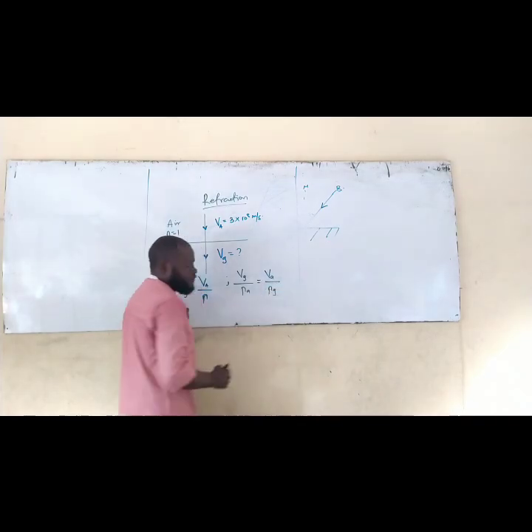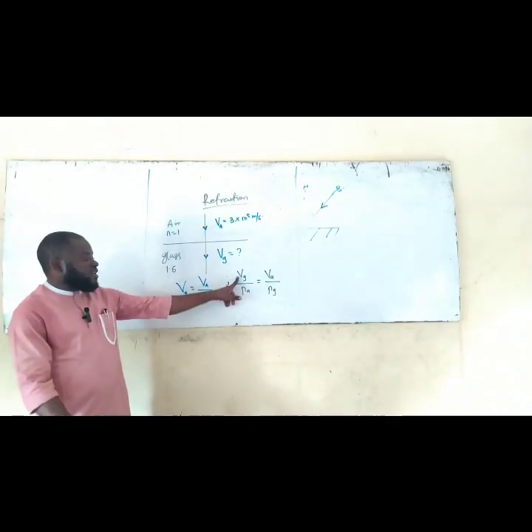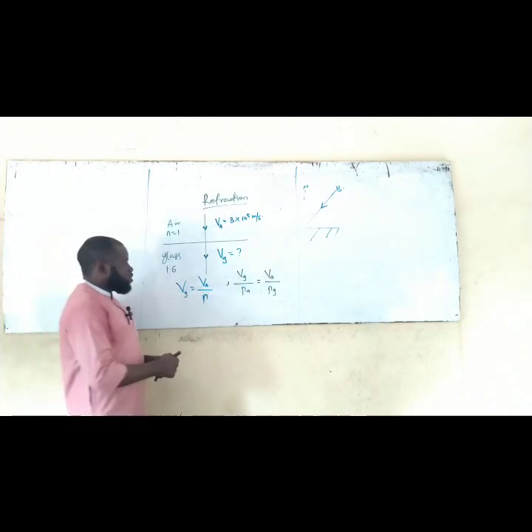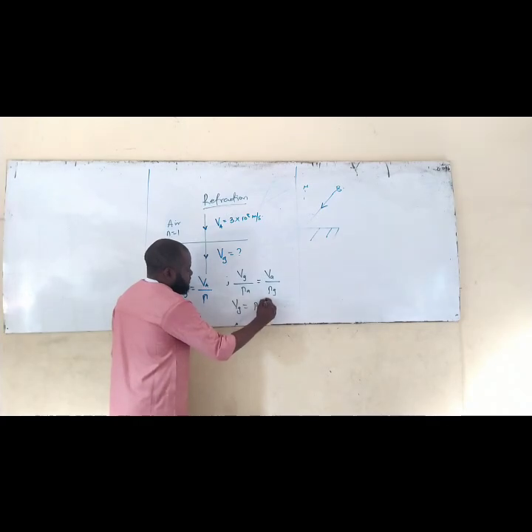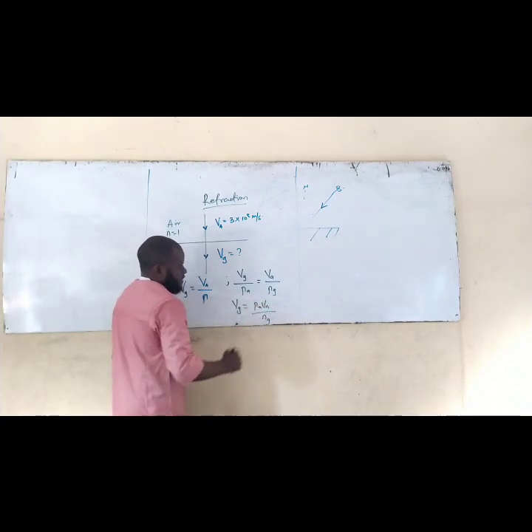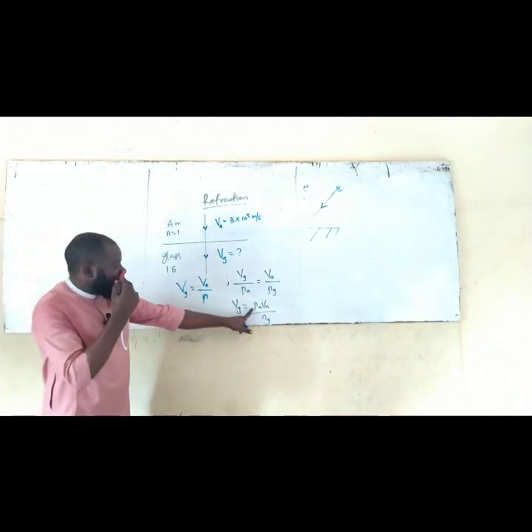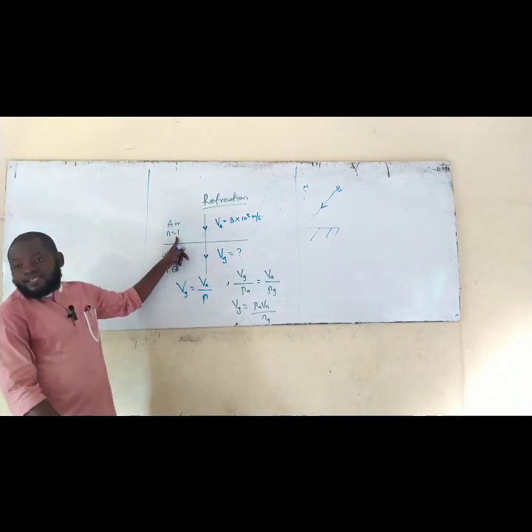refractive index of glass. So if I'm now looking for the velocity of light in glass, my result will now be Vg equal to Va divided by Ng. Do you understand this now? But since the refractive index of air is 1, are you seeing it now?